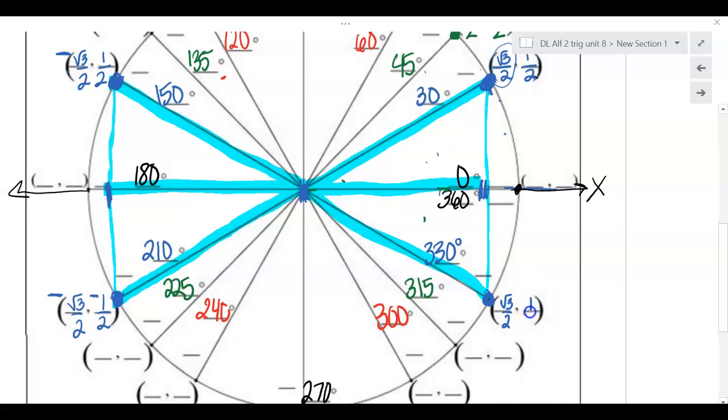So it would be rad 3/2 and 1/2. But how do we land in the fourth quadrant instead of the first, second, or third? We have a positive x, but we have a negative y. So there's kind of all the symmetry that you see happening there with all these reflections. So that's kind of where we're at.